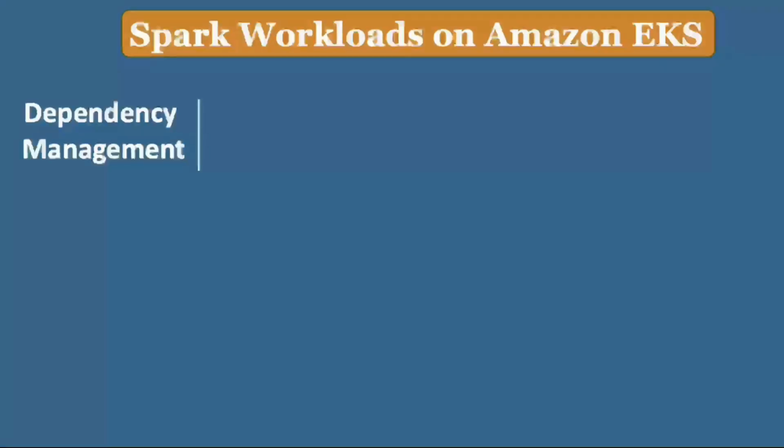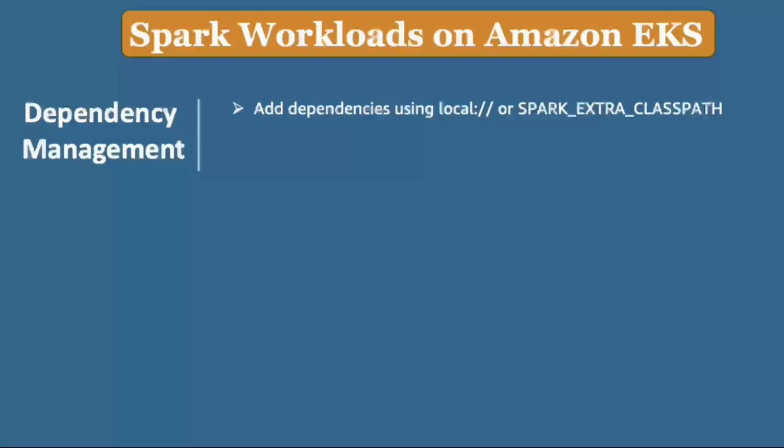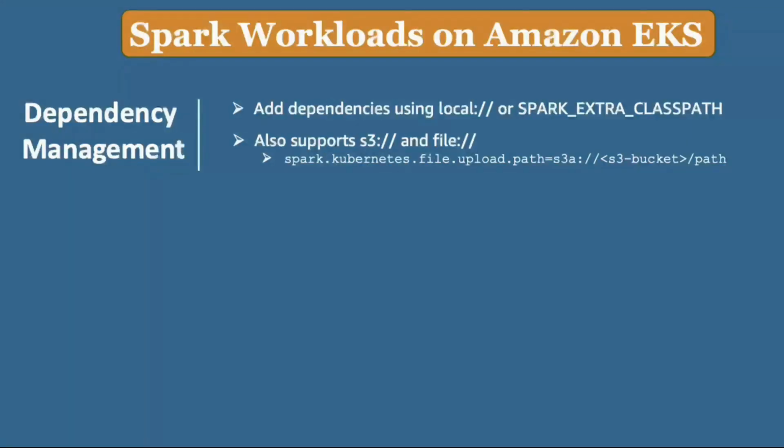And Spark also provides a lot of dependency management. For example, if you have input files or other dependent libraries and files available at various locations, you can use either local:// or Spark extra class path environment variables as well. And if you have some data in S3 or local file system from where you're running the job, you can also reference these paths directly using the Spark configuration.